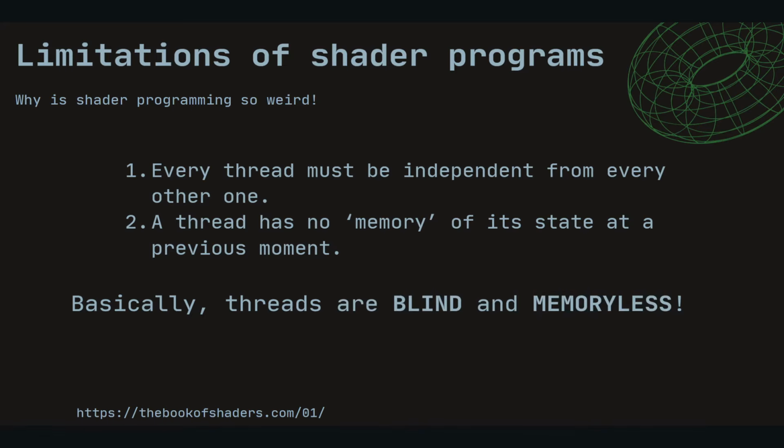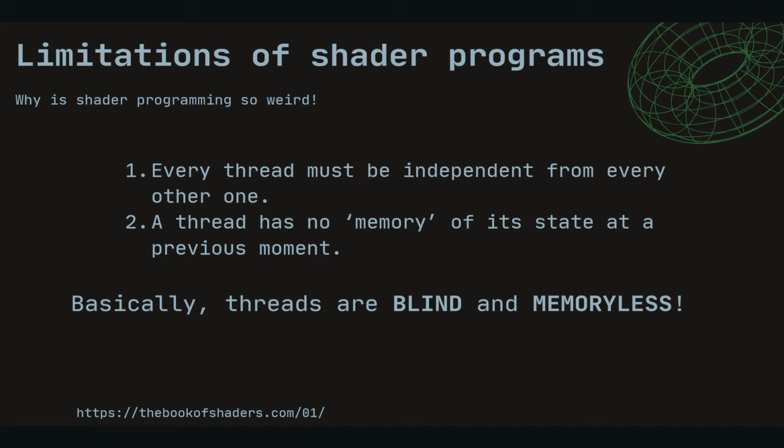But again, the reason shader programs are kind of weird is that there are these limitations. In our analogy from the previous slide, each thread, each pipe, was a separate pipe. So you can't read data from other pipes at the same time, and you can't see what was happening in a previous state.